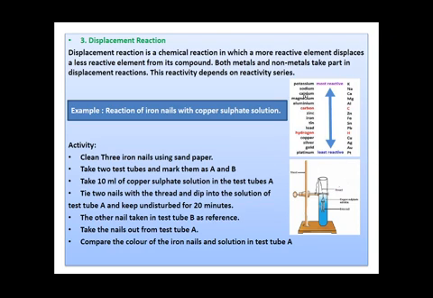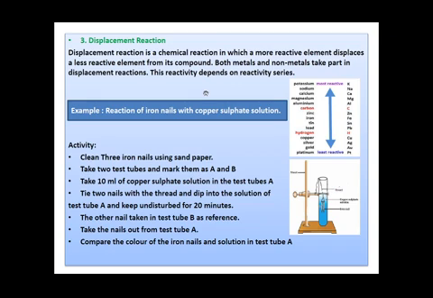So the elements which are at the top of the reactivity series are most reactive elements, while those which are at the bottom of the reactivity series are least reactive ones. So what is happening in displacement reaction? In displacement reaction, an element which is more reactive removes or displaces a less reactive element from a compound.